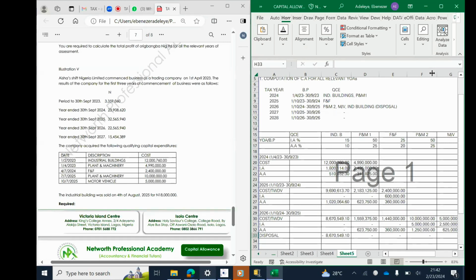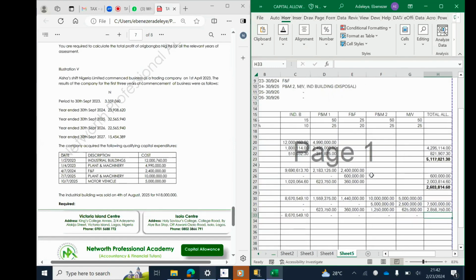Finish that first before you compute your balancing charge or balancing allowance. Don't mix up the computation of your balancing charge or balancing allowance with the computation of your capital allowance. Please confirm that you understand that. Confirmed. Okay.